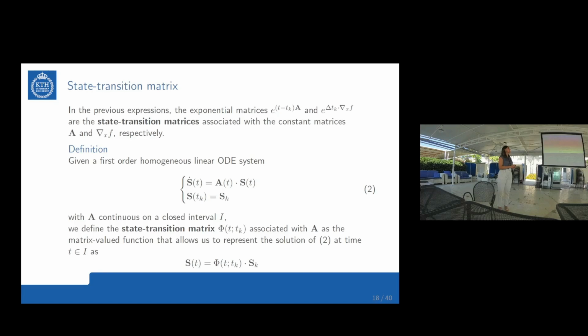And here the state transition matrix has two entries. The first one is the time at which we want to compute the solution, and the second one is the time of the initial condition.